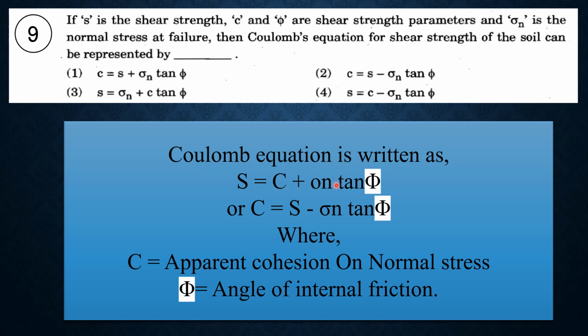Here they ask in terms of C and S. So C = S - sigma n tan phi, where C is the apparent cohesion, sigma n is the normal stress, and phi is the angle of internal friction. So option second is correct here.